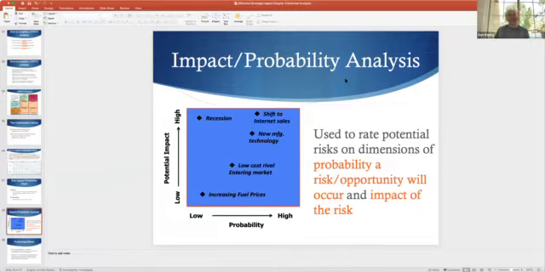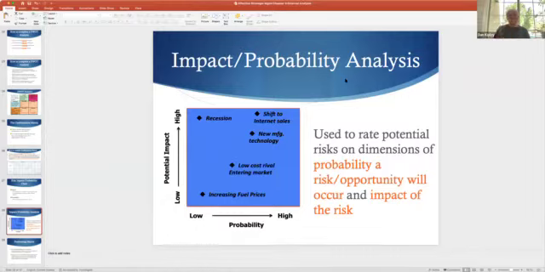Going over to the right-hand side, you see shift to internet sales. That's an opportunity. The potential impact on the firm, if they were to pursue that opportunity, would be high. And the probability of them being able to pursue that opportunity, meaning they have the resources and capabilities, is also high. And then right below that, new manufacturing, which is also another opportunity, the same thing.